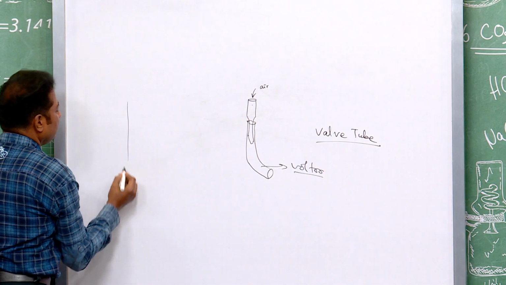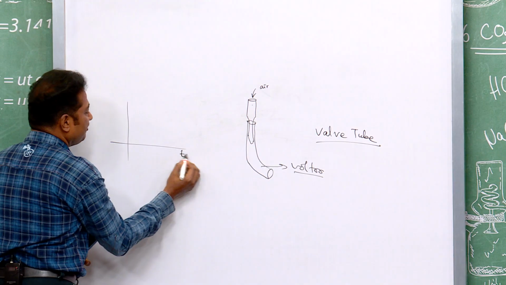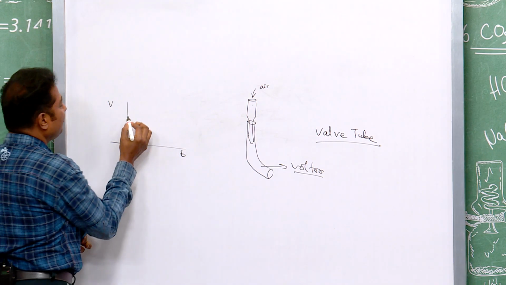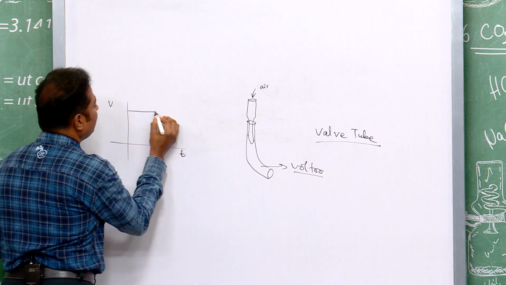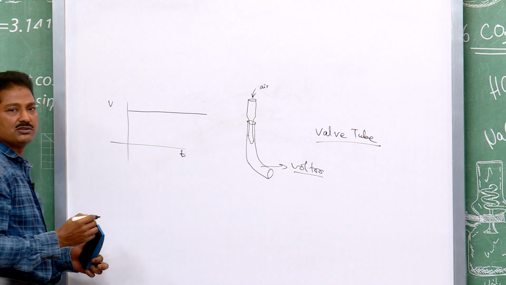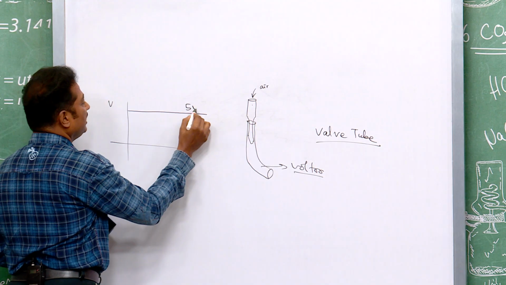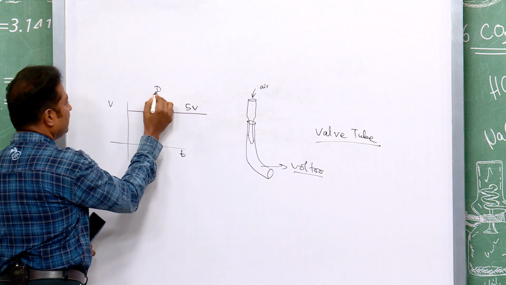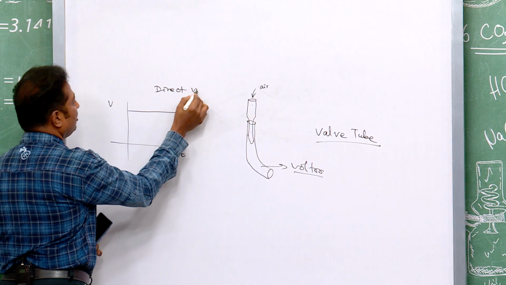That means if you draw a graph of voltage against time, the value of the voltage remains constant. Suppose 5 volt, it is always 5 volt, a straight line, it is direct voltage.